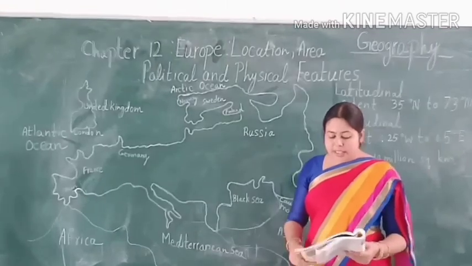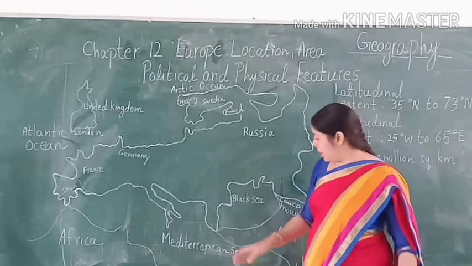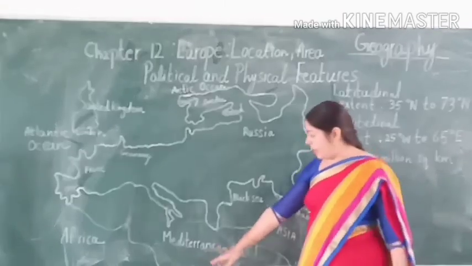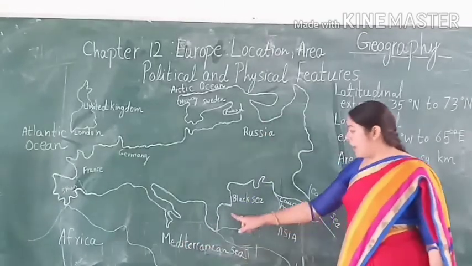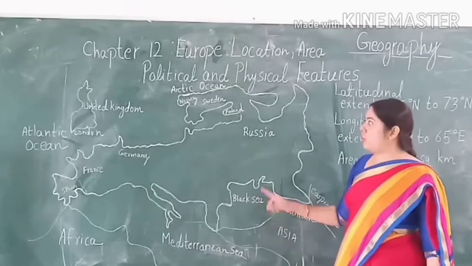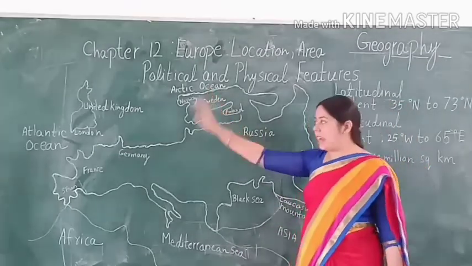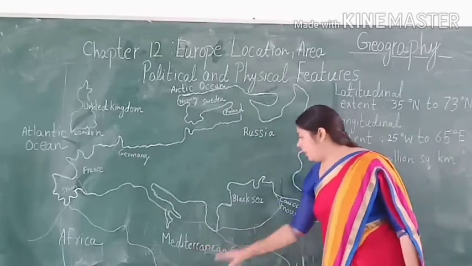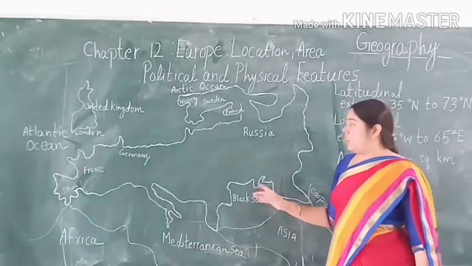And the Mediterranean Sea and the Black Sea are in the south. You can see this is the south of Europe, and here is the Mediterranean Sea and this is the Black Sea. So in the north is the Arctic Ocean, in the west the Atlantic Ocean, and in the south the Mediterranean and Black Sea.